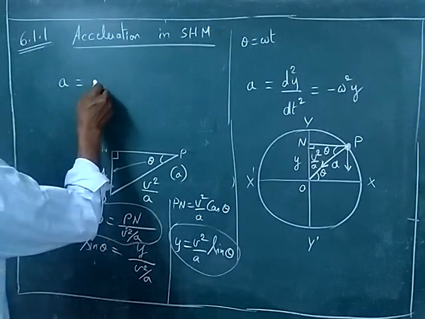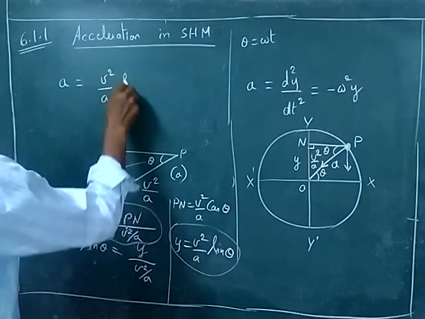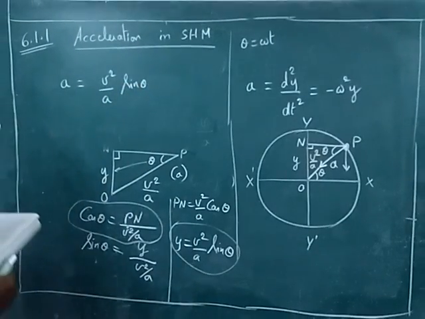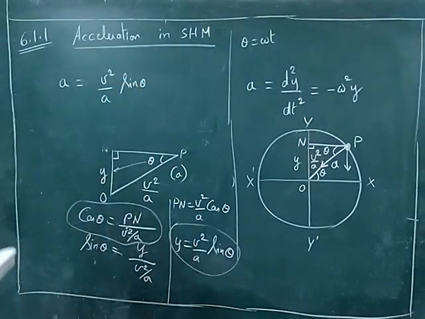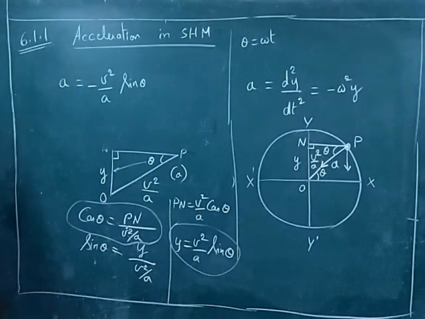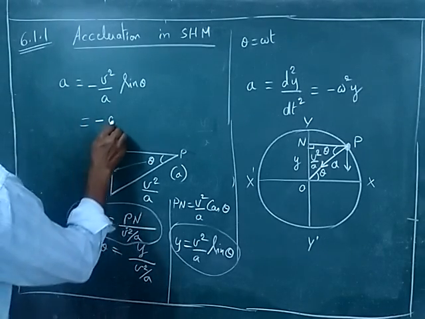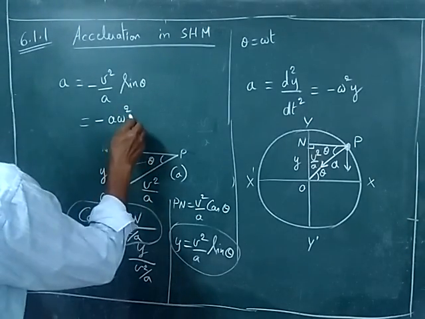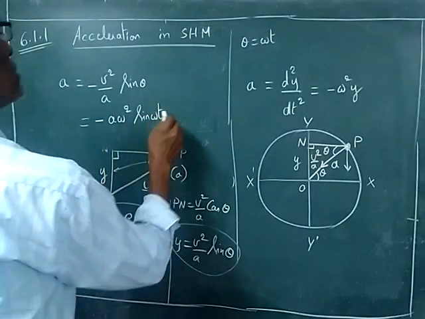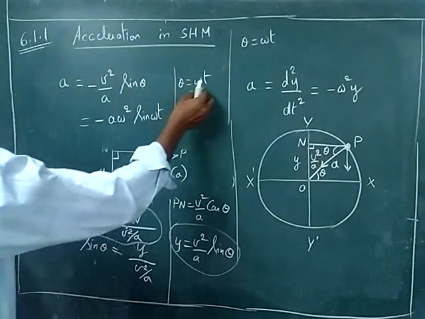So this component is nothing but V square by A sin theta, with a minus sign. So now this can be written as minus a omega square sin omega t, because we know that theta is equal to omega t. So in the place of theta I am substituting omega t.